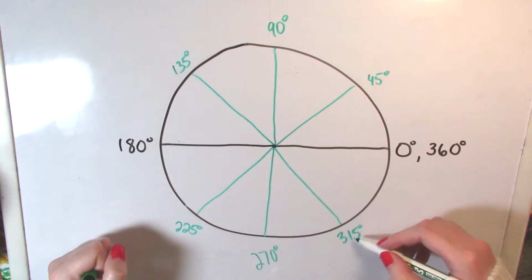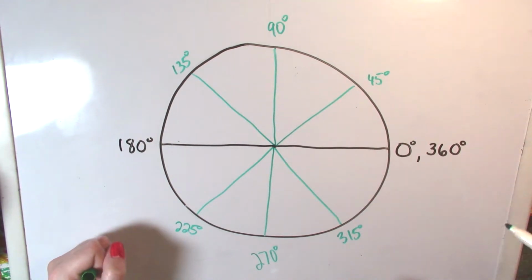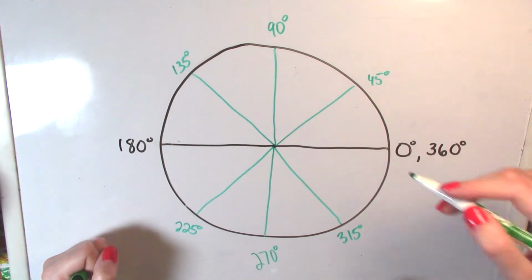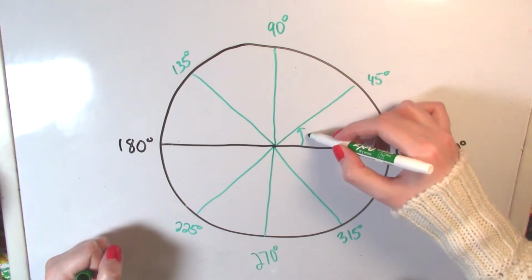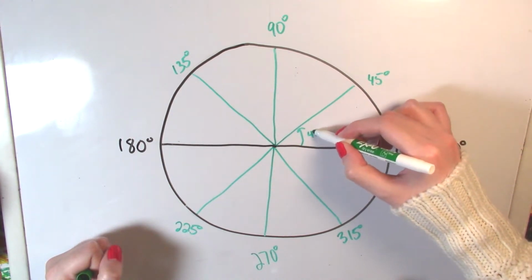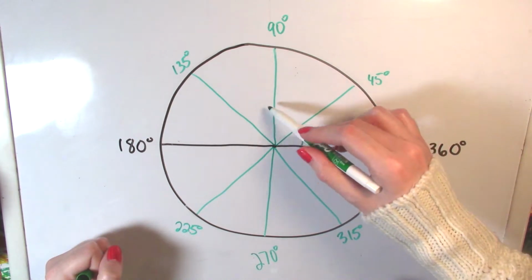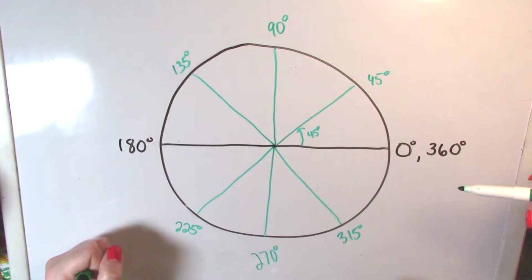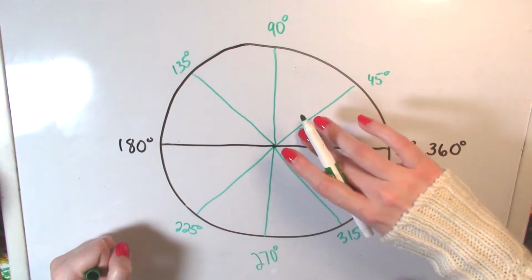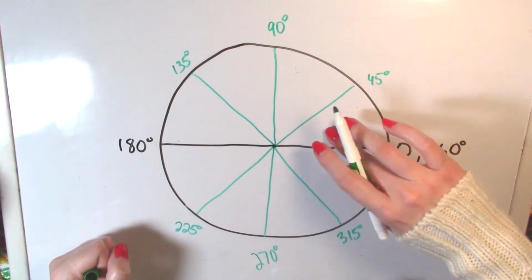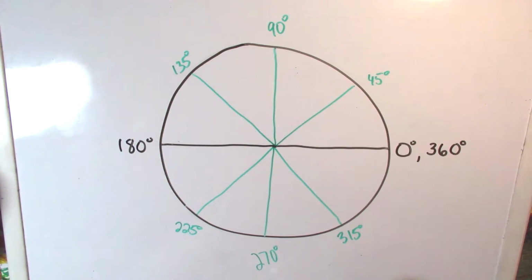Then add 5 would get us to 320, plus 40 would get us to 360. Then we're done. That's the 45s right there. What I mean, guys, is this distance right here is 45 degrees, and then that distance, and that, keep going around in 45-degree chunks. I'm going to erase that though because I want to draw something else that's going to get in the way of that. So now your circle's pretty much halfway done, okay?